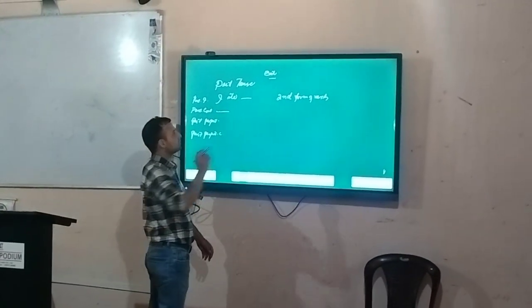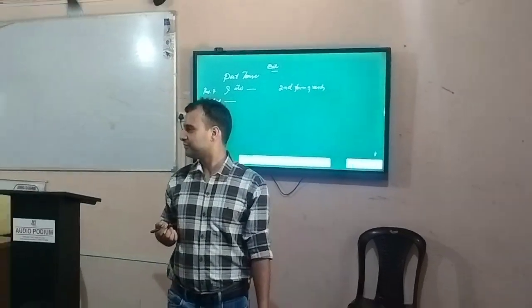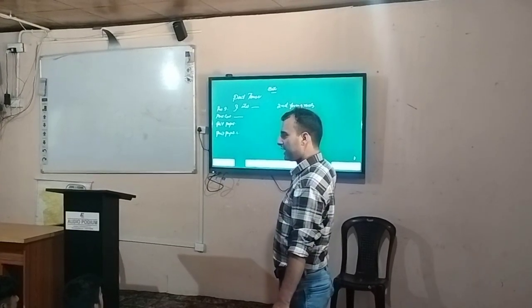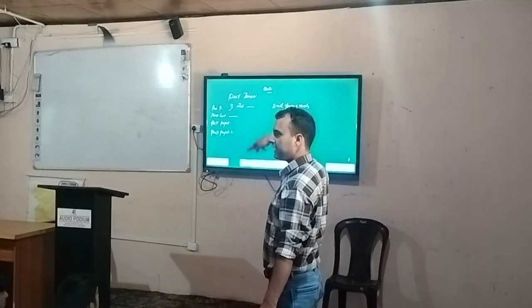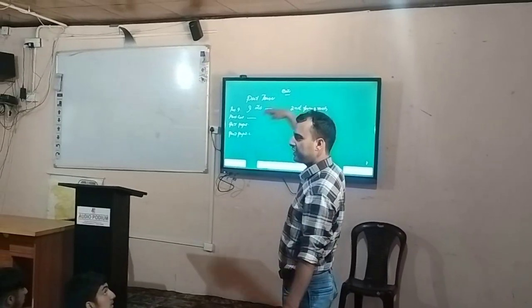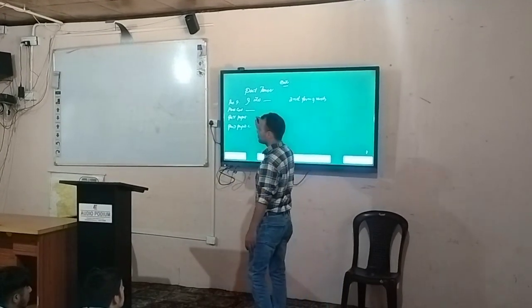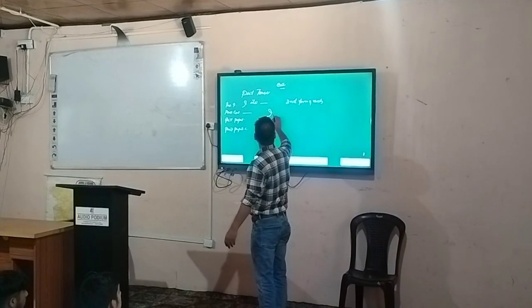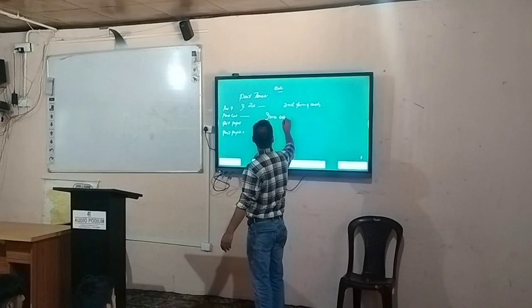Now in past continuous, can you give some example? In present continuous we were using I am eating or he is eating. Now there is something different. Since it is past, we have to apply was. For example, I was eating.